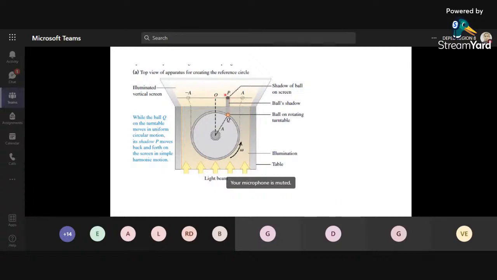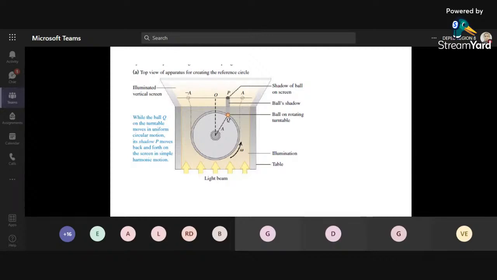Therefore, the movement of this shadow is simple harmonic motion. So the circular motion of this turntable is the projection of uniform circular motion onto a screen.